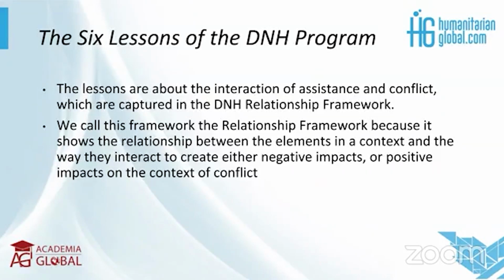This framework is called the relationship framework because it shows how the different elements in a context are related and how these elements interact to create either negative or positive impacts within the context of conflict.